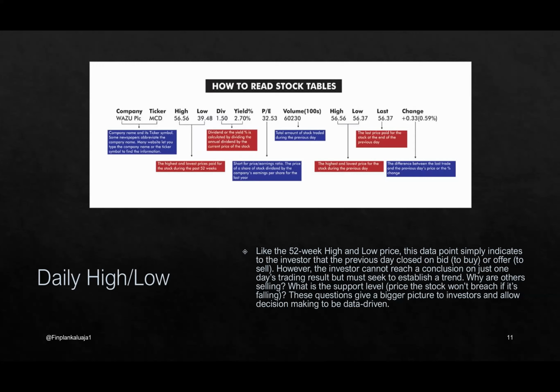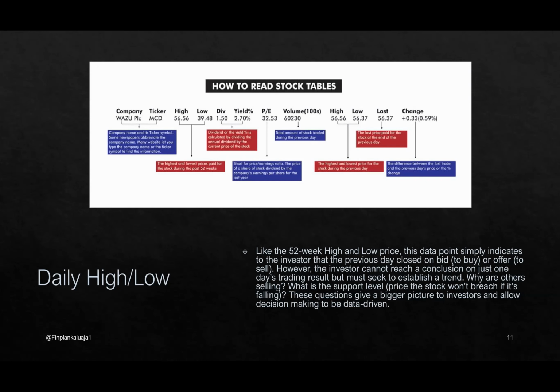Because what happens in the stock market is this: if the stock price is at 56.37, if I want to buy, I could say I want to buy at 56.38 to get someone to sell to me. And if I stay at 56.38 and no one offers, I could take my bid higher.